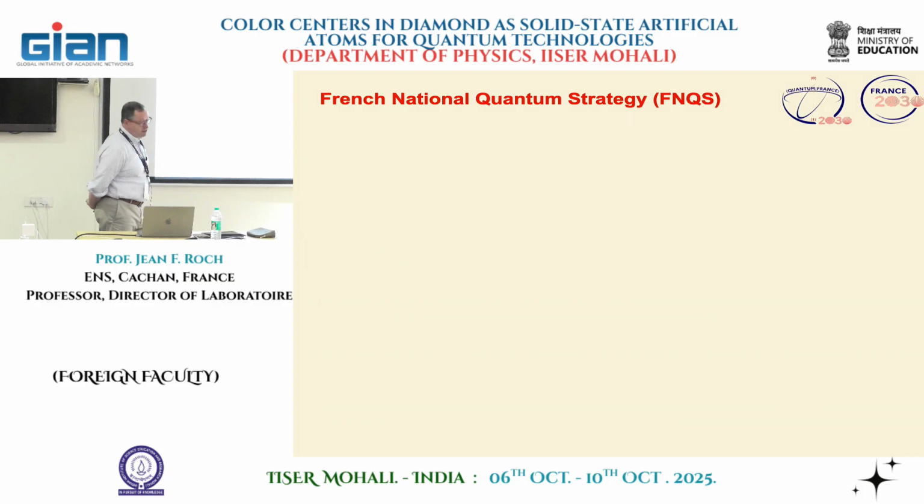And what is also important to say is that our center benefited from the French National Quantum Strategy that was announced by our president, actually also in Saclay at the Center for Nanoscience and Nanotechnology, a few years ago. It's an effort of just around 2 billion euros that was spent on this topic.